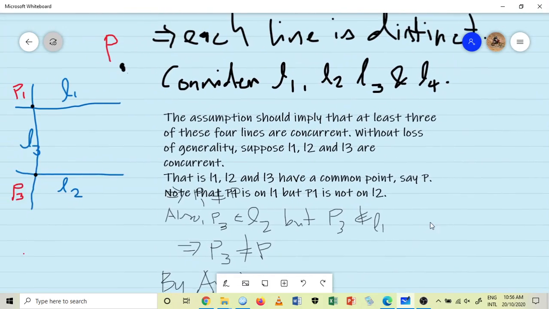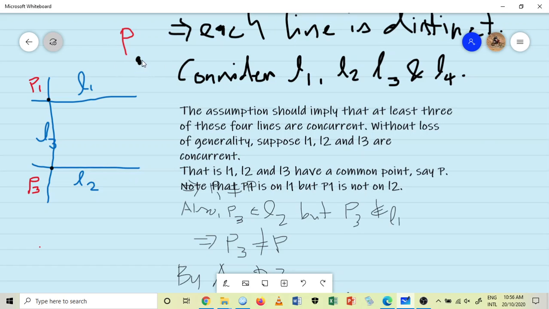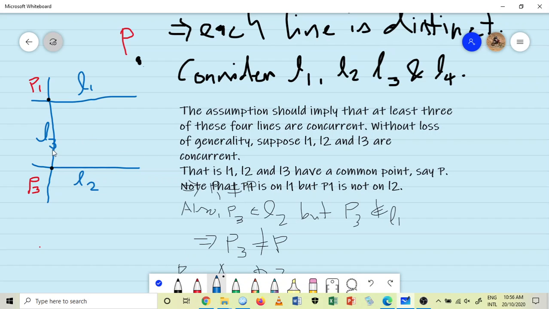That is, if this is point P, then L3 would contain P3 and P. Since P is a common point to all 3 lines, L3 would contain P. L2 would also contain P. So we see that points P3 and P would have 2 distinct lines passing through them, which would contradict axiom P.3.